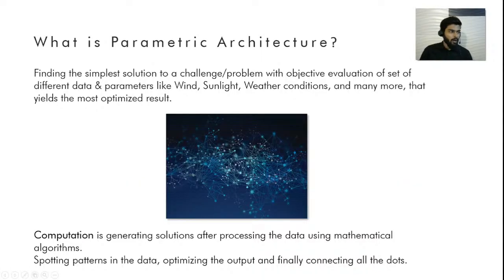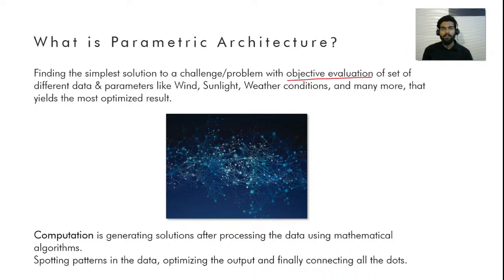Now going one more layer deeper into parametric architecture and trying to understand what exactly it is. I've been saying the word parametric architecture a lot. So if I had to break it down in a definition for you, parametric architecture is trying to find the simplest solution. Solution would be a design that you produce. So finding the simplest solution to the challenge or problem, design challenge or design problem, with objective evaluation.